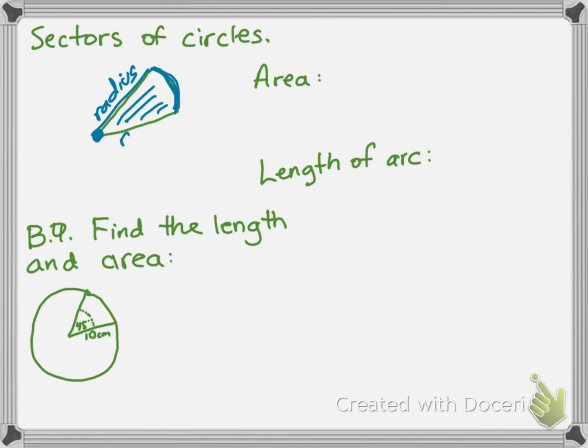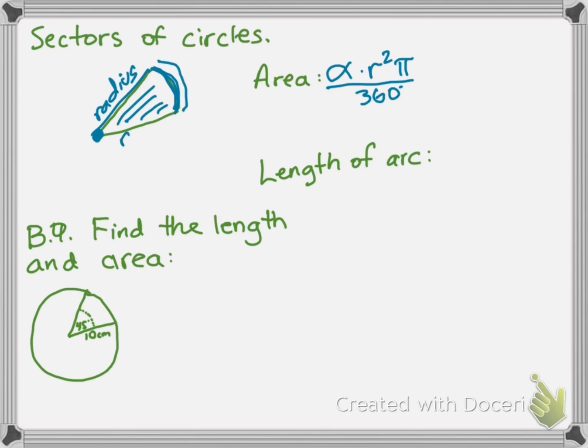And the formula is, we're going to have something that is called the central angle. And we're going to call it like this: central angle times the radius square pi, which is the area, usually, the formula that we usually use. And then divided by 360, because there are 360 degrees in a circle. And then the same thing for the length of the arc, which is just this part here.